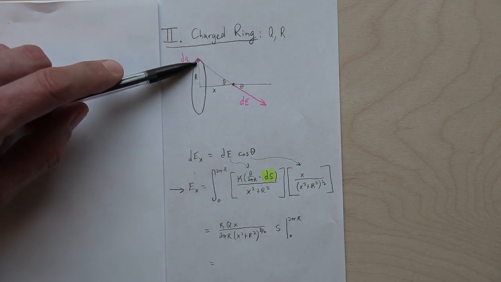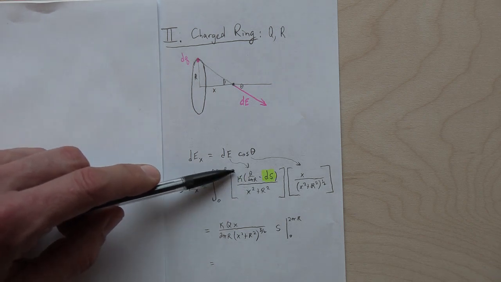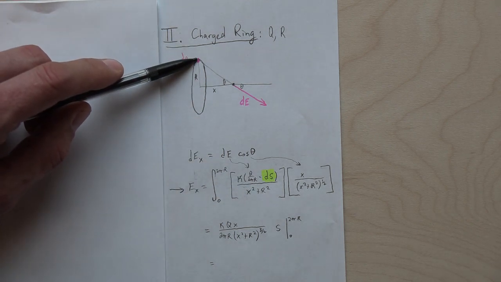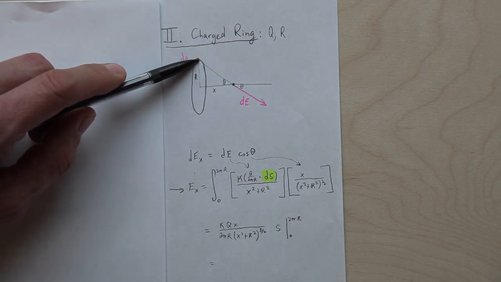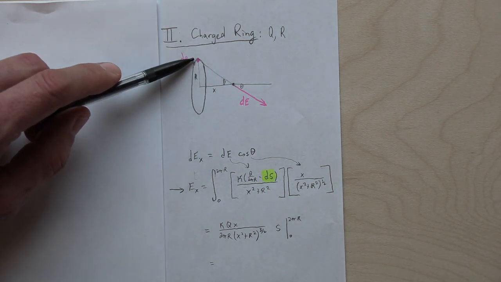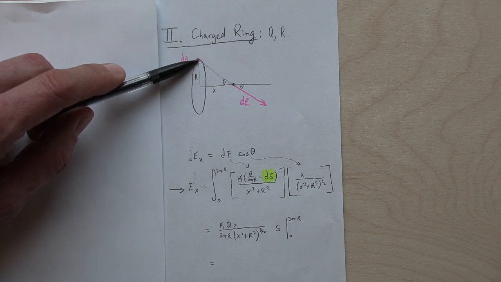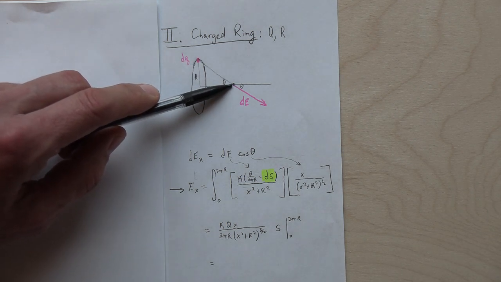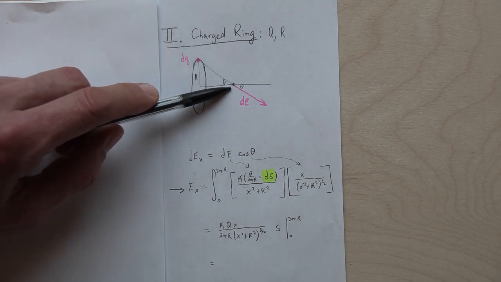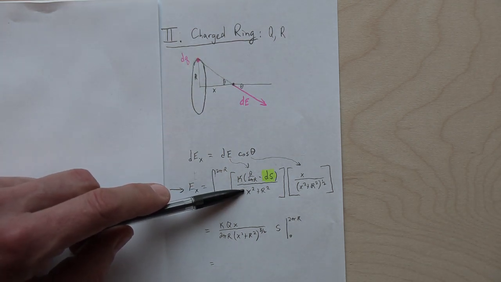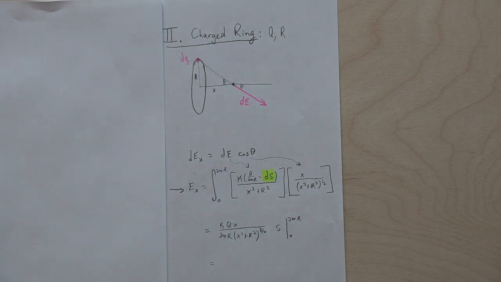Now, kQ over r squared. r is right here, little r. How far away is this point from the charge that we're investigating at this point? From the Pythagorean theorem, this squared is that squared plus that squared, so that's where the x squared plus R squared comes from.